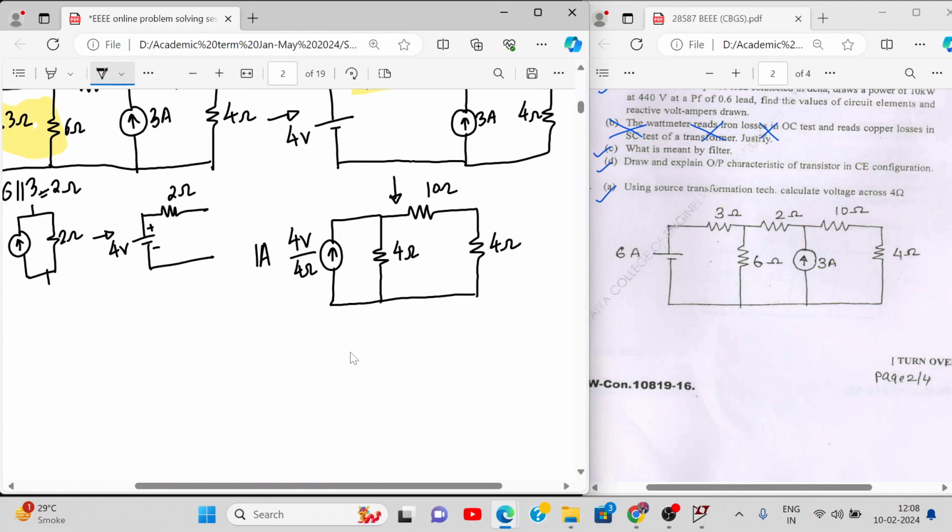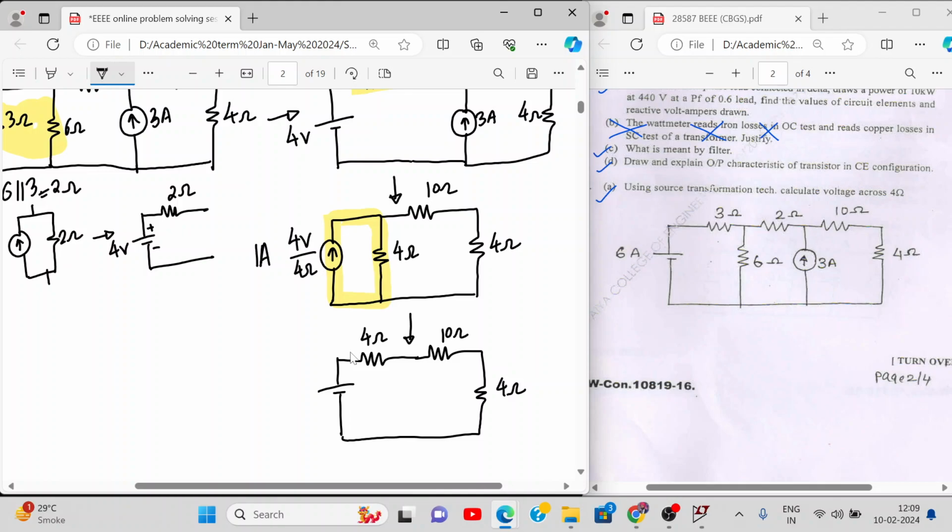Are you following? Now we convert this current source and parallel resistance to a voltage source like this with a series resistance. Now tell me what's the value of this voltage source. Anyone?